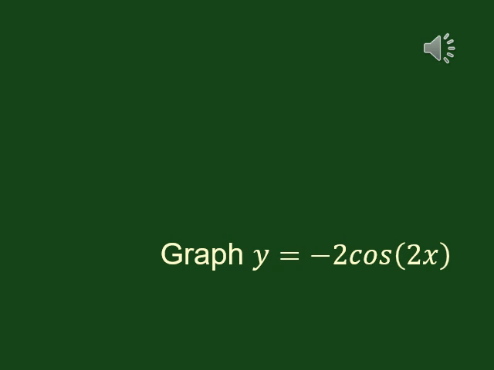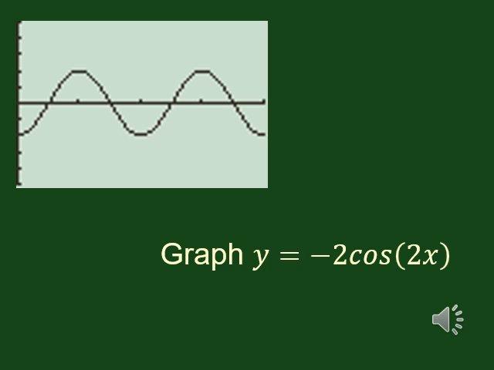Now we want to graph y equals -2 cosine 2x. Negative always turns the graph upside down, which is why we get an upside down U, or sort of a bell shape. And here it's making 2 copies of that graph between 0 and 360. So the period would be 180, and it goes up to 2 down to -2.